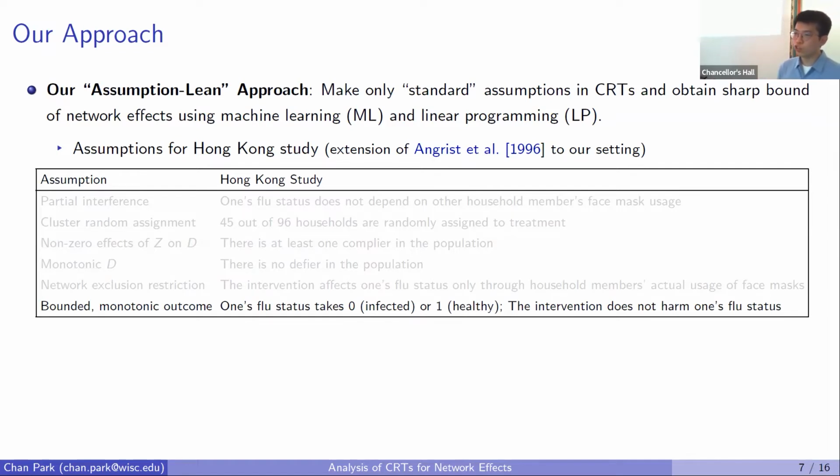And the intervention, the recommendation of using face masks, is seemingly not harmful for one's health status. So in that sense, the outcome is monotonic in terms of the recommendation. Actually, we can drop this monotonic portion, but it will give a wider bound at the end of the day. So it helps to tighten the bound by using subject matter knowledge.